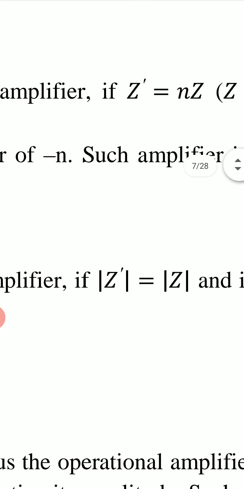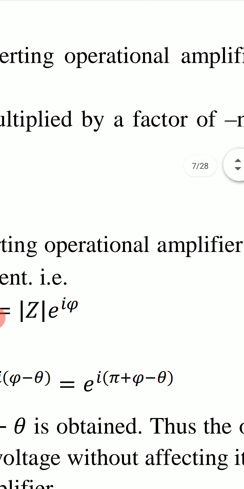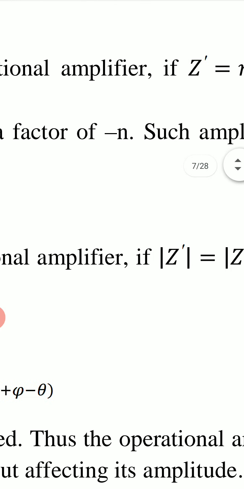In this case, V output will become equal to minus NVs. Thus, the scale has been multiplied by a factor of minus n.